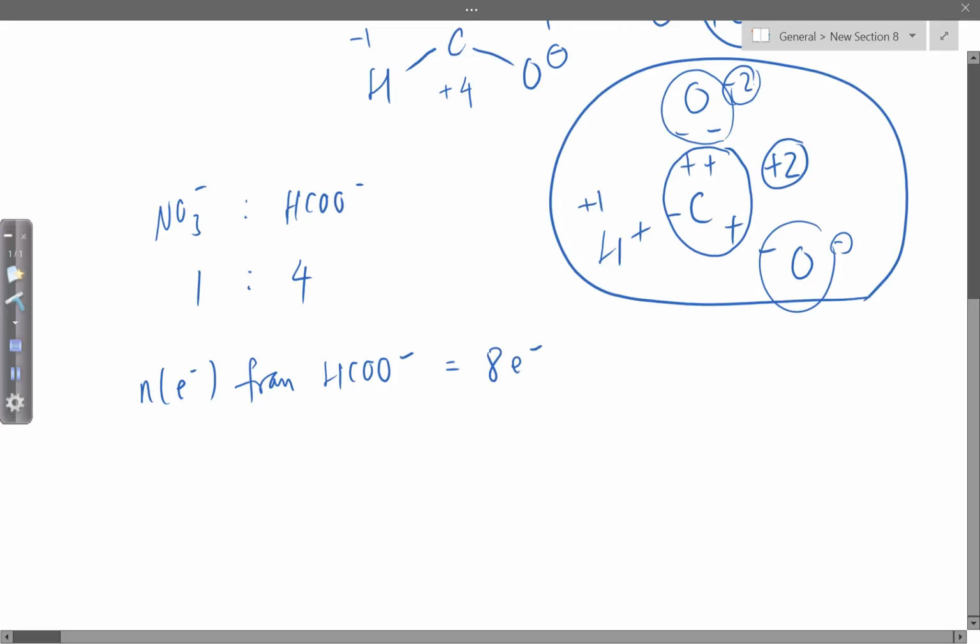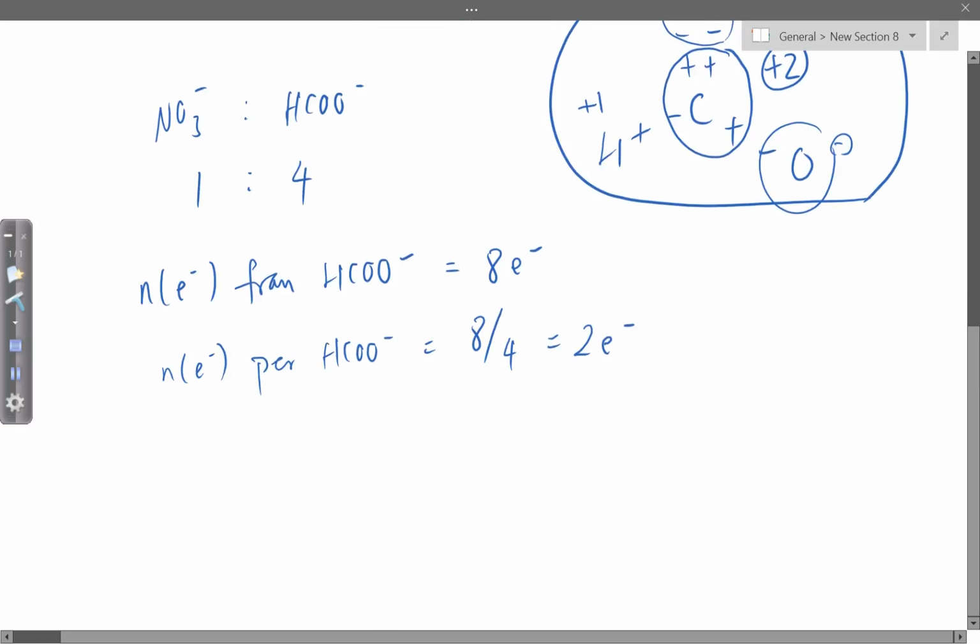So that means the number of electrons per HCOO minus must be 8/4, which is 2 electrons, right? So that means HCOO minus must gain 2 electrons to get back the original thing, correct?